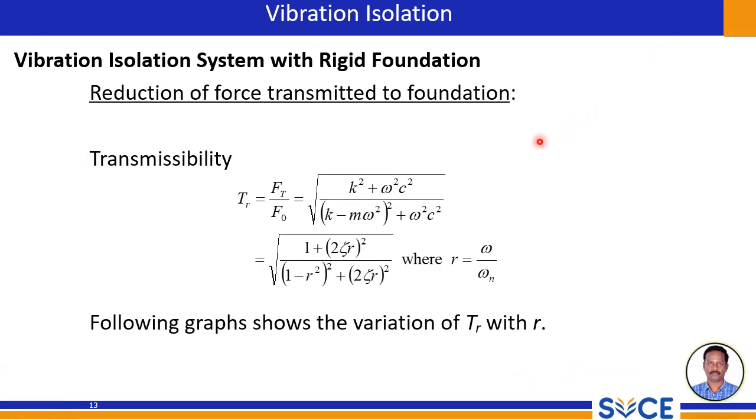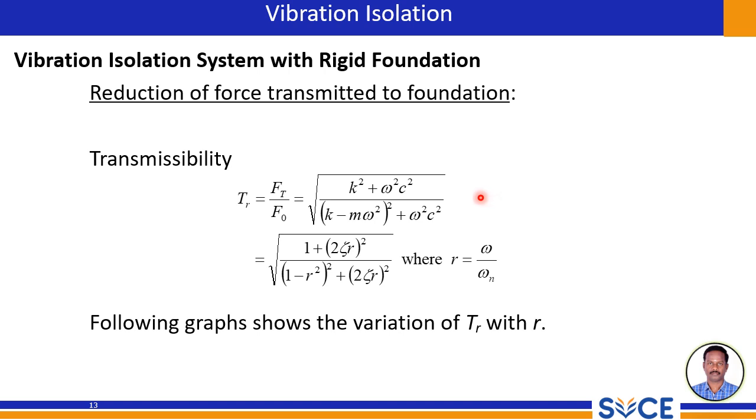Now let's introduce a crucial concept for evaluating the effectiveness of our vibration isolation system, that is transmissibility. Here we can see how it is defined and how it relates to the frequency ratio. Transmissibility is nothing but the reduction of force transmitted to the foundation, which remains our primary goal.